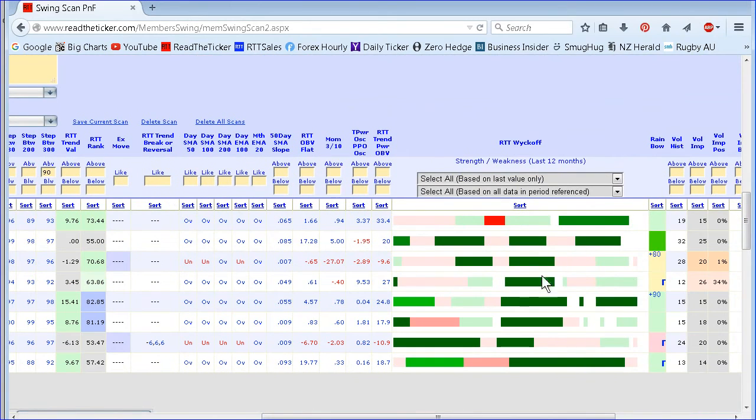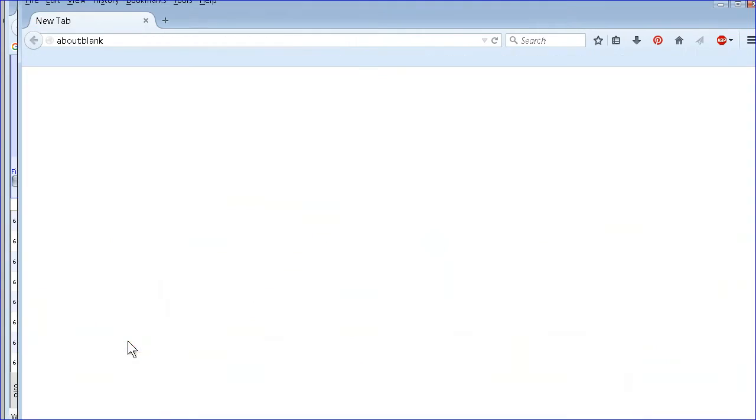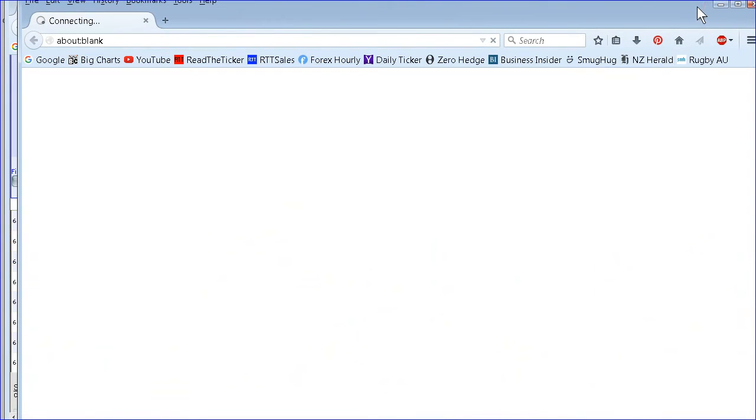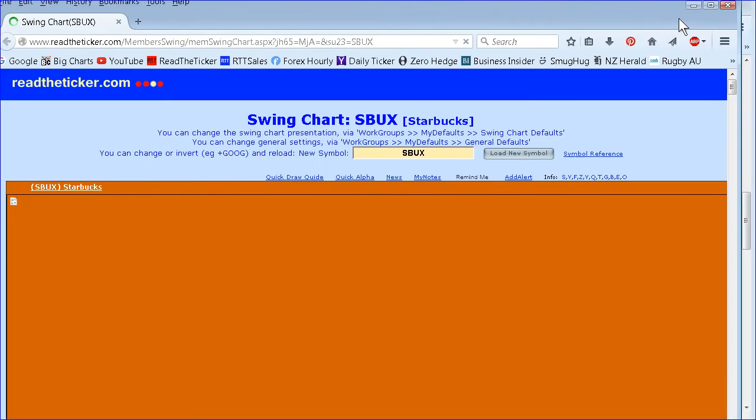We've got some really high trends here. Good trends. Starbucks is always in this scan, quite frankly. But let's have a look at Starbucks. Give it due respect. Quite frankly, Starbucks has been trending in a solid manner, tight steps for some time. So it should come up in the scans.